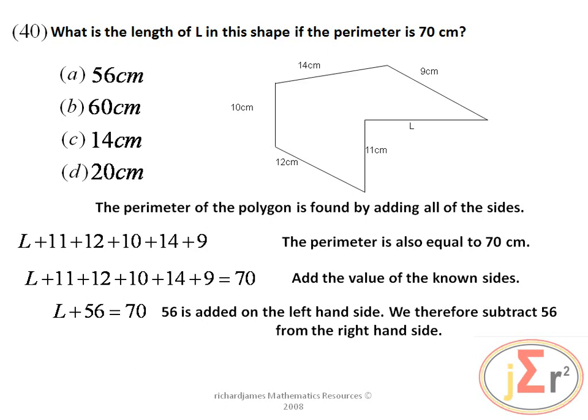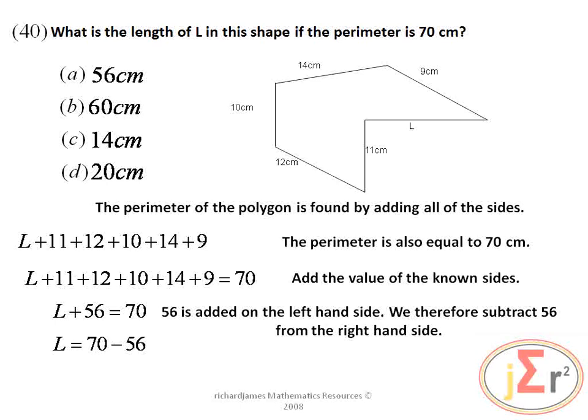If it is added, we need to subtract. And because that's an equation, we need to subtract 56 from both sides. And the net effect will be that 56 is subtracted from the right hand side, because of course the positive 56 minus 56 on the left hand side will eliminate each other.